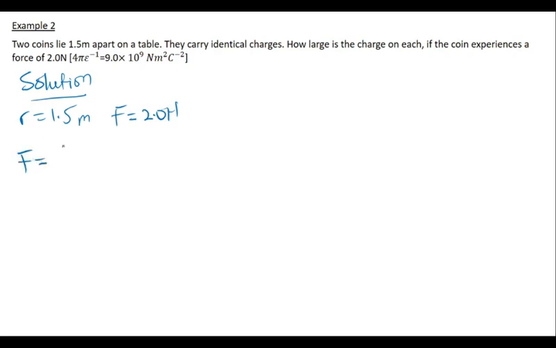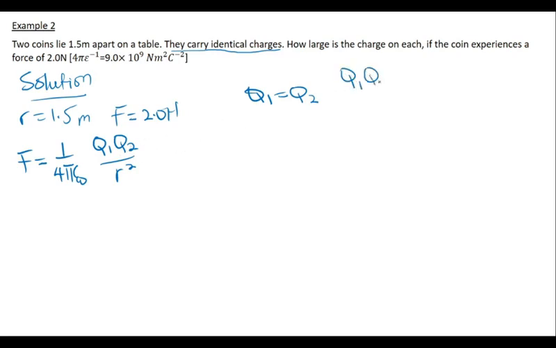So let's write down the relationship between the force and the charges. We know F is equal to 1 over 4 pi epsilon naught, q1 q2 over r squared. But the question is saying they carry identical charges, which means q1 is equal to q2. And if this holds true, then q1 and the q2 over here can also be q1, and multiplying they become q1 squared, or q squared.